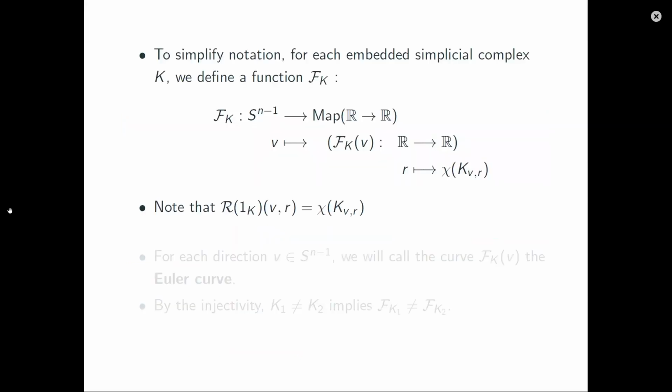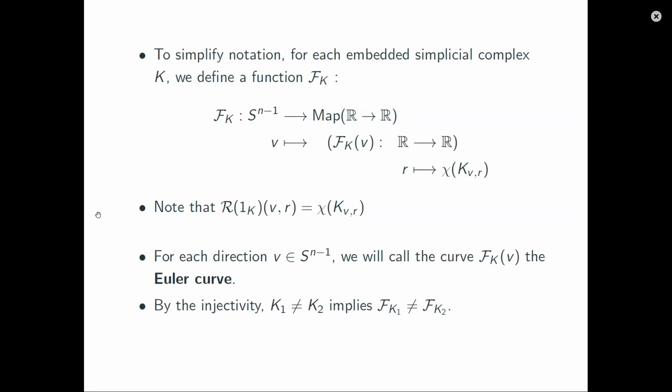Because we are only interested in simplicial complexes, let's simplify the notation. Let f_K be a function defined on S^{m-1}. So for each point on S^{m-1}, we get a function, I mean, we get a curve for each point on S^2 as in the following formula. Actually, this function is just another way of representing the Euler curve transform of the simplicial complex K, because if you see this formula, this function records every Euler characteristic information for every direction v and for every real number r.